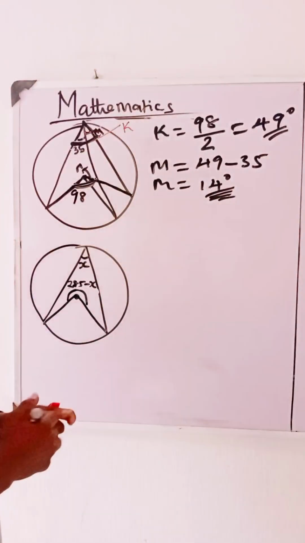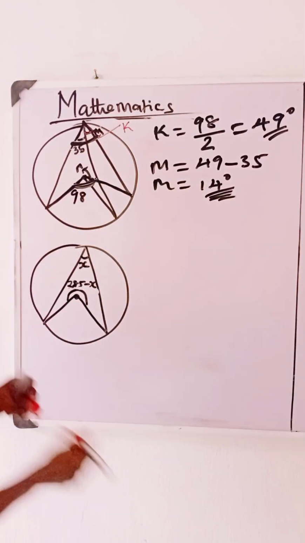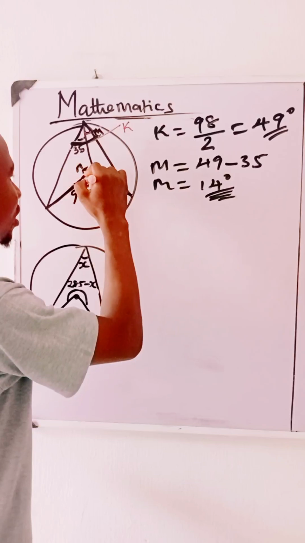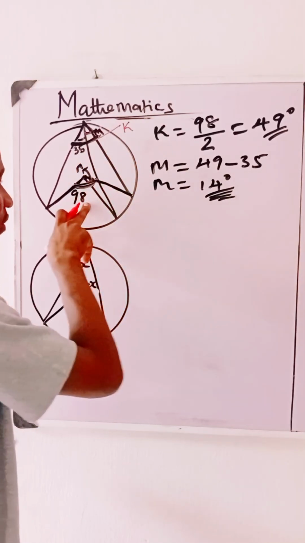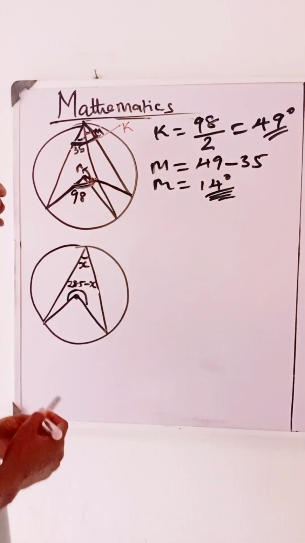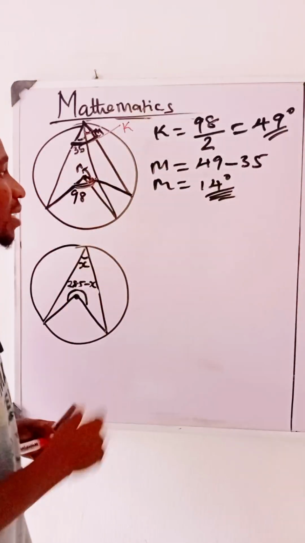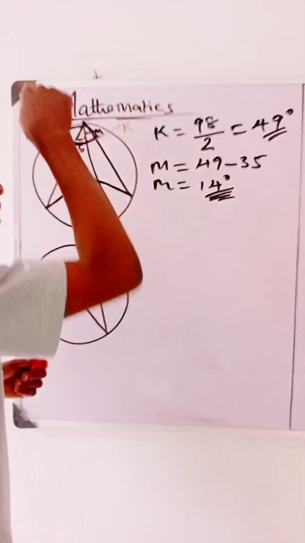Now, the next thing is we are to find our angle N. Our angle N, mind you, is this small angle here, not everything here. Everything is given as 98. It is this small angle here, and it is also an angle at the center compared to the circumference.